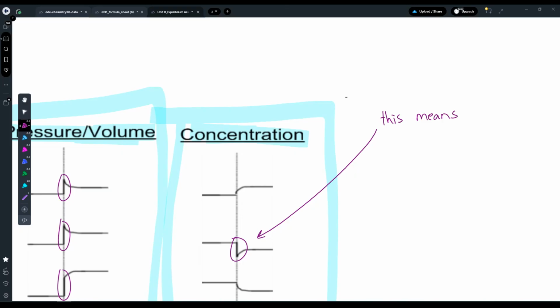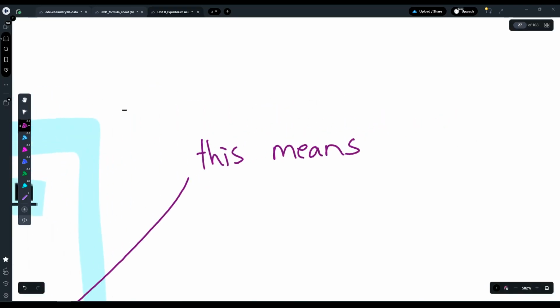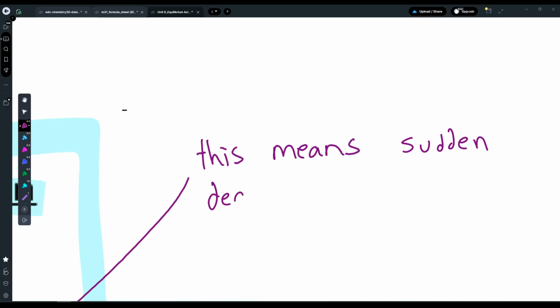If you see a sudden increase in concentration of one substance, that means the scientist is adding more of that substance into the system. What we've been shown in the example here is a sudden decrease in concentration.